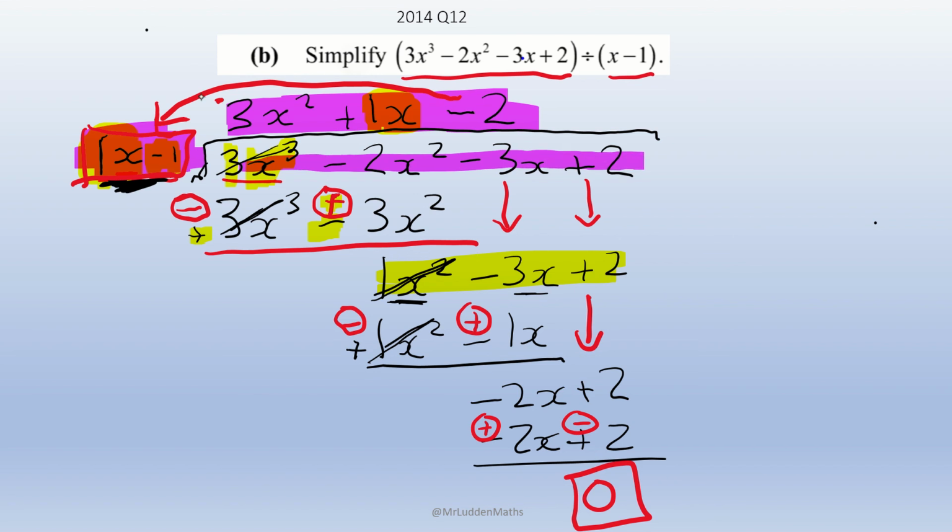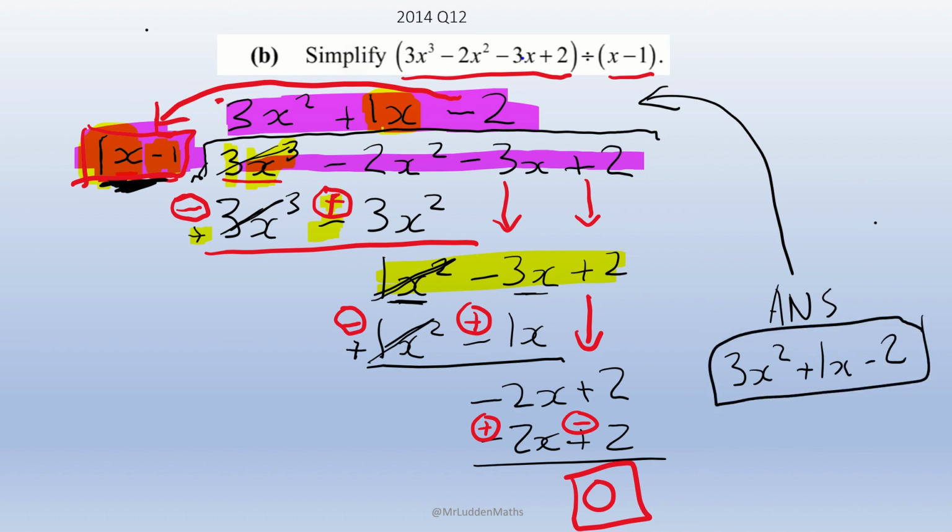It's gone in 3x squared plus 1x minus 2 times. Just to write that out, your answer is this bit here. So 3x squared plus 1x minus 2, and you're done.